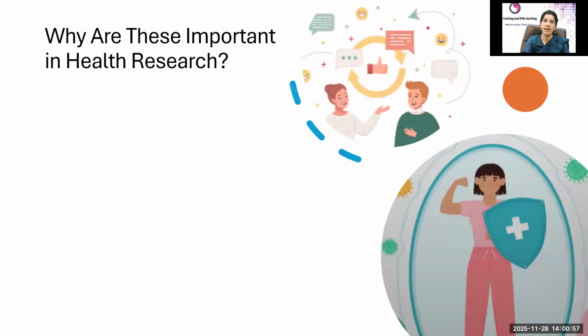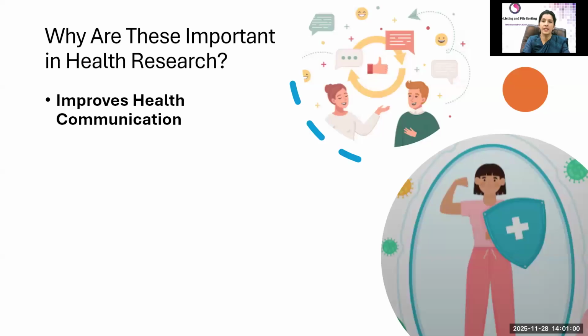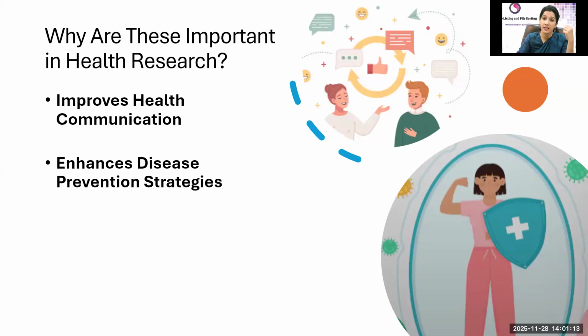So why are these important in health research? Because if you have to communicate, we need to know the shared cultural beliefs. For example, if you want to manage a chronic disease, and people should take the medicine, in our locality we have seen that in spite of the availability of medicines, there is a perception that hypertension medicine should be taken only if the BP is high and they are feeling dizziness or headache.